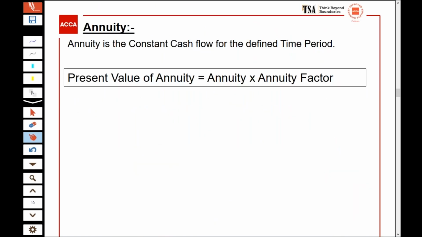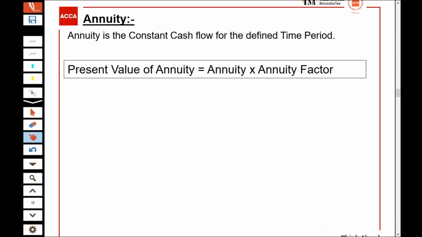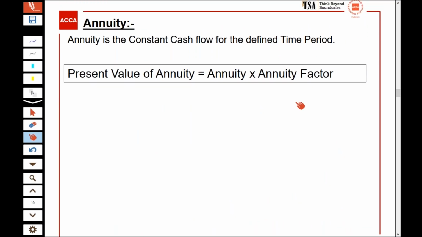And this is annuity. Now, what do you mean by the term annuity? Annuity means a constant cash flow for a defined time period. The point to be noted is that the cash flow is for a defined time period.